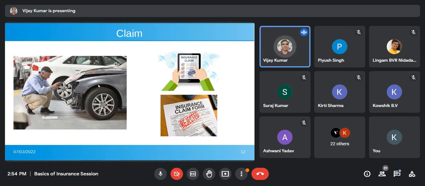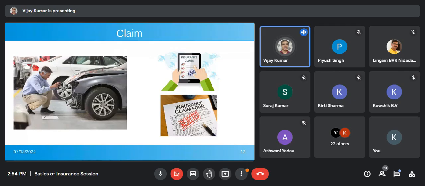Once a mishap happens, the customer takes the pictures and all those things. Nowadays everything is digital, and they then go through the claim process. They will submit the claim, and in claim terms we call it the first notice of loss.